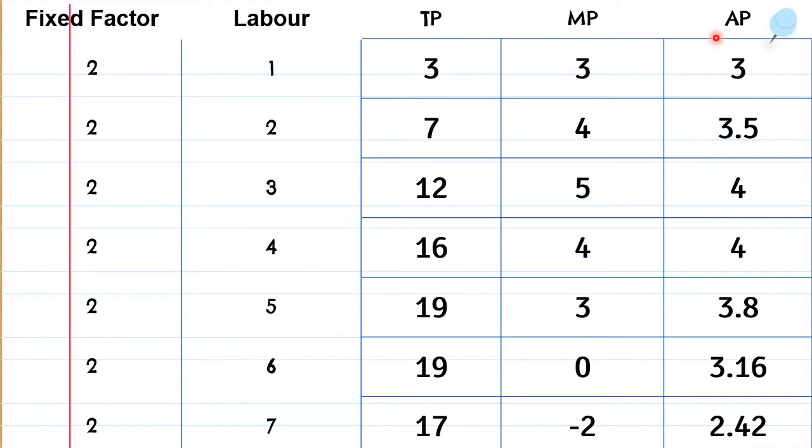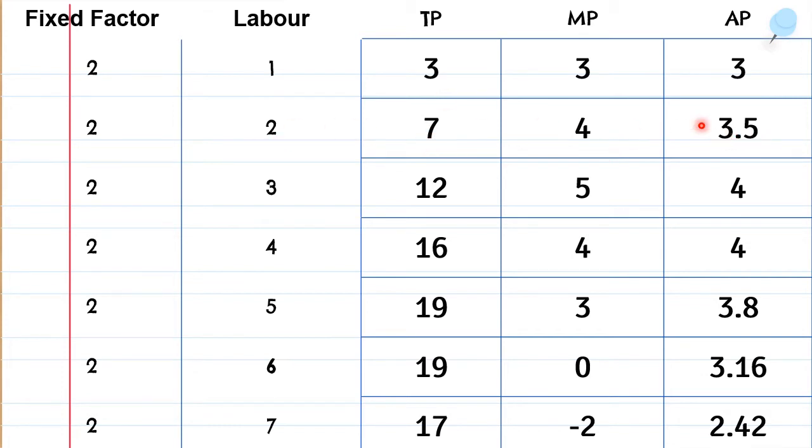Then we move on to the average product. What average product actually tells us is what is the product per unit of the variable factor. So we have this guy, the first laborer. He produces a total product of 3. So his average is 3. So one laborer per laborer at this point produces 3 units. Then we see in the second case, when 2 laborers are employed, they together produce 7 units of the total product, right?